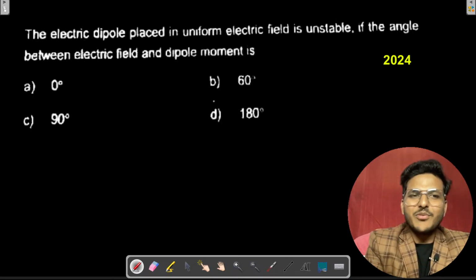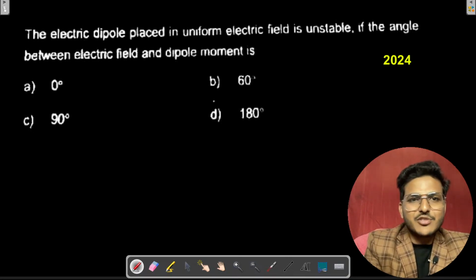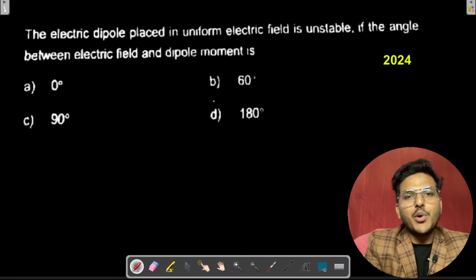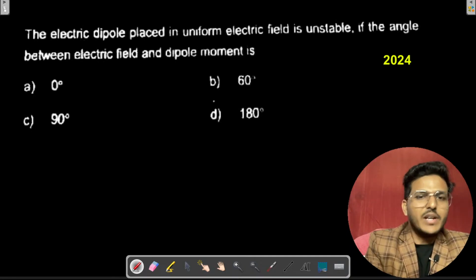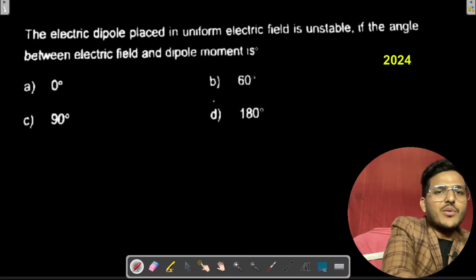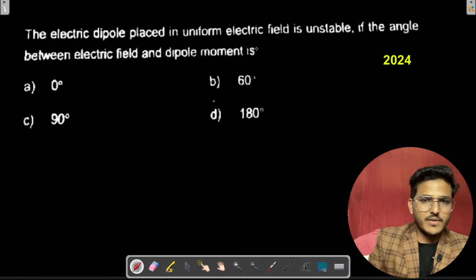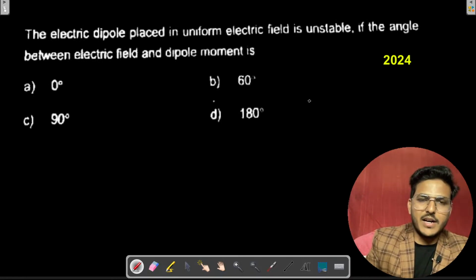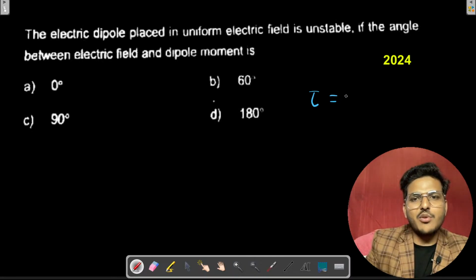The very first question: an electric dipole placed in a uniform electric field is unstable if the angle between the electric field and the dipole moment is... When it is unstable, as you know, if a dipole is kept in a uniform electric field, there is a torque acting on it: tau equals PE sin theta.